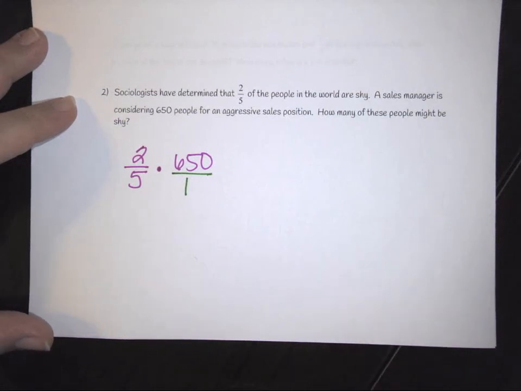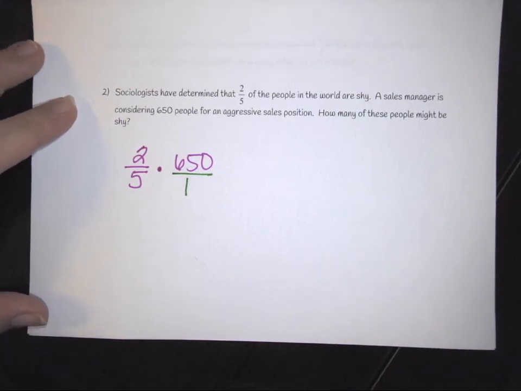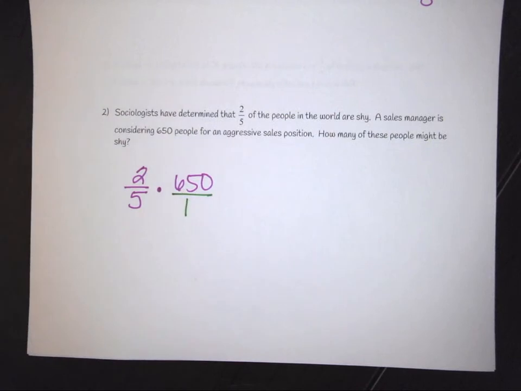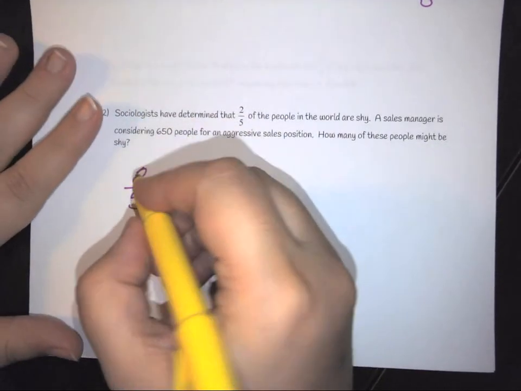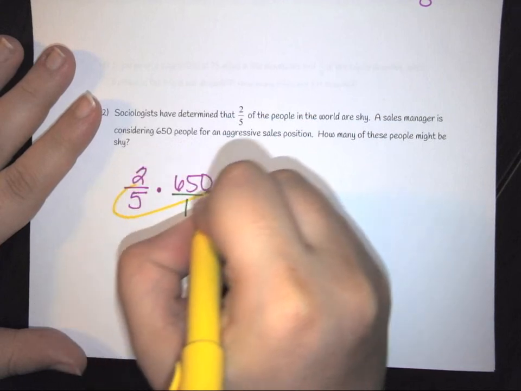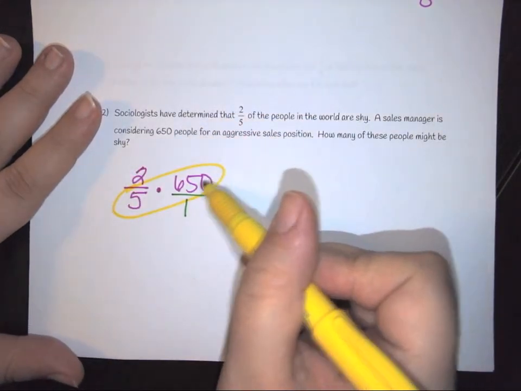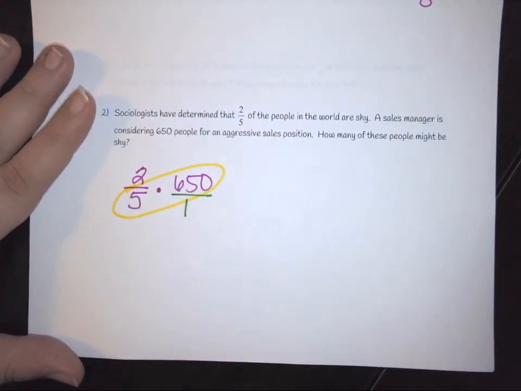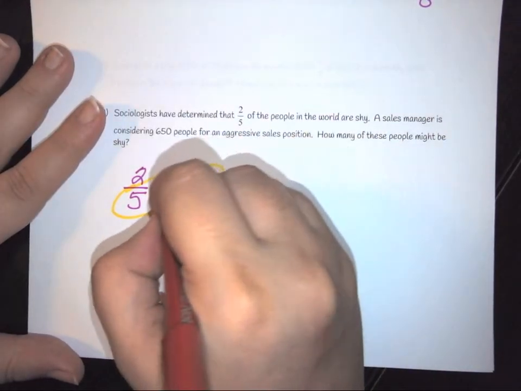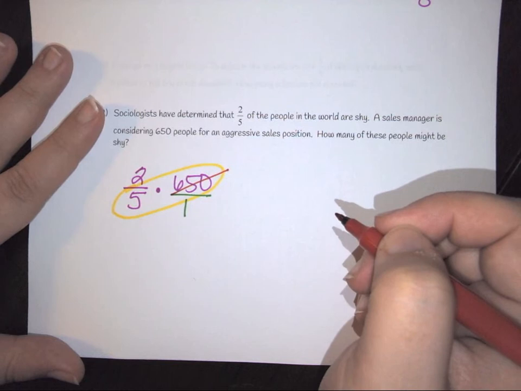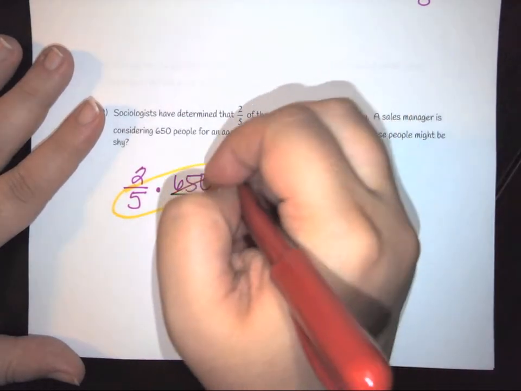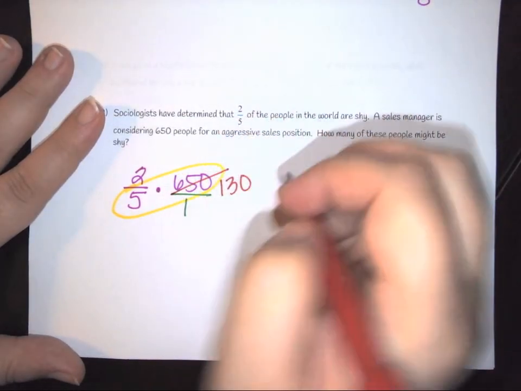The other thing that I can look at is I can go ahead and look at doing some reductions. So I have this 650 and 5. Notice ends in 0, ends in 5. So I can reduce that. In doing so, my 650 is going to go away, and it is going to become 130.